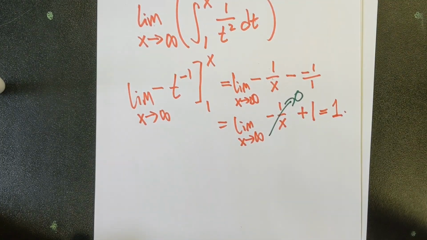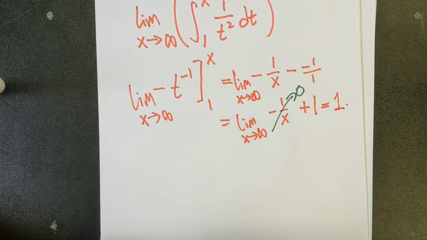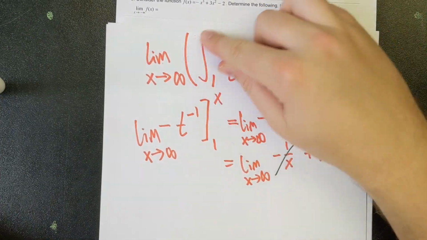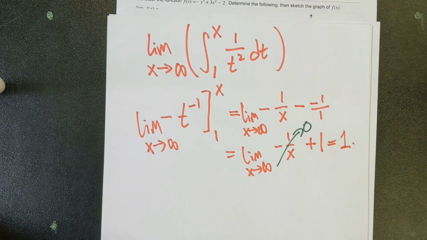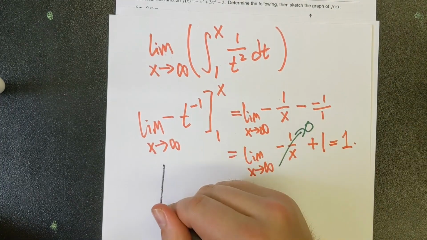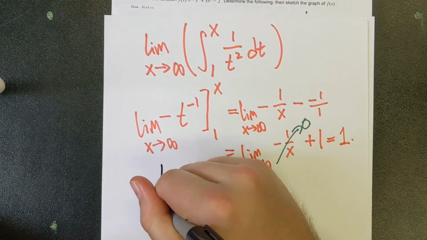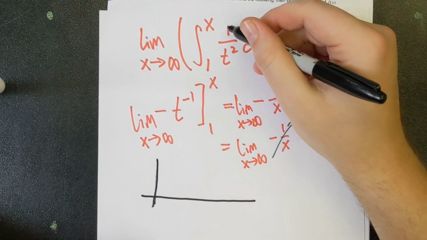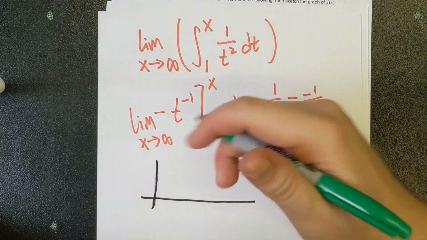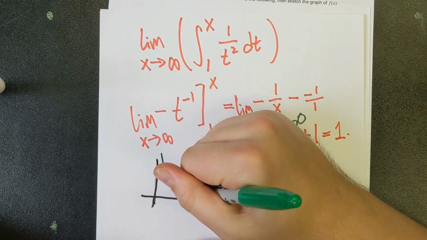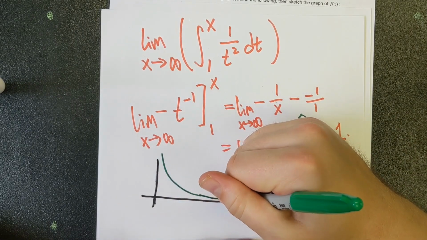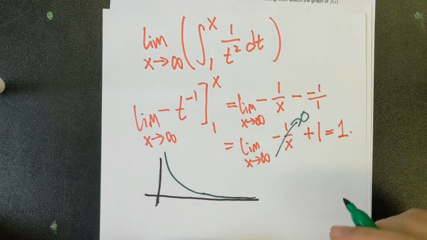Which maybe doesn't seem that impressive, but like, stop and think for a second what this is saying. What does this guy mean? This is saying the area under the curve. So if you were to graph out the graph of 1/t², that looks something like this, getting closer and closer to your x-axis.